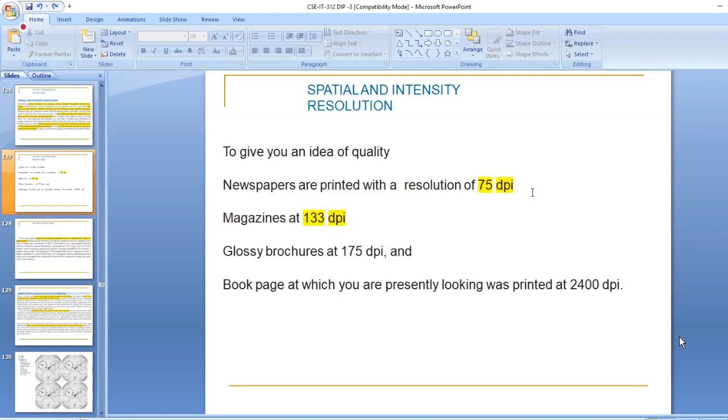Means in all the cases we are increasing the number of dots per centimeter. So we are getting the quality of image better. Is that clear?